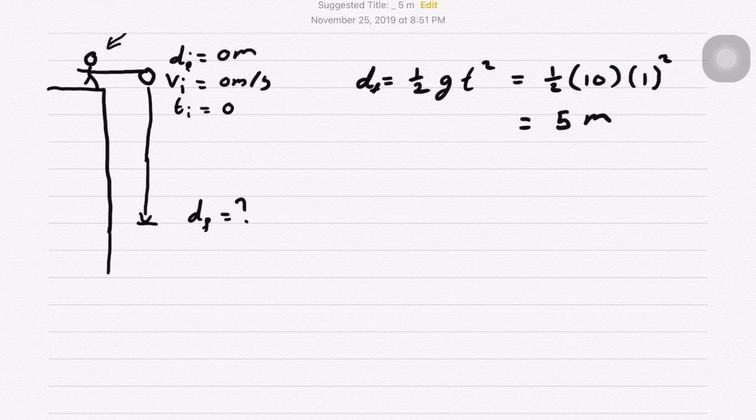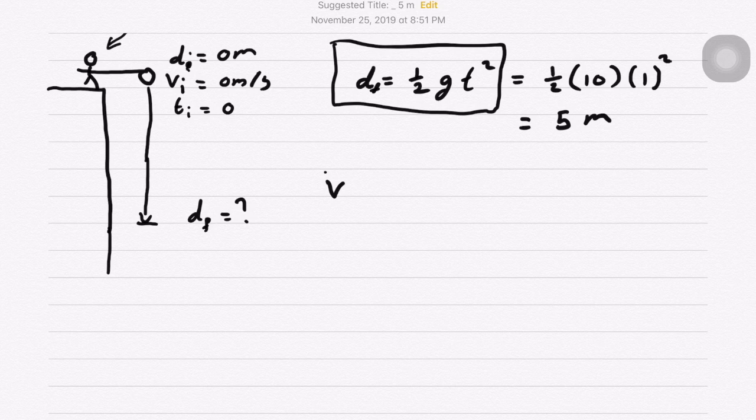So in order to come up with the equation that you will be using for a free falling object at rest, you start out with the definition that you have learned before. You learned before that the average velocity is nothing more than df minus di, where df stands for distance final and di for distance initial, over t.